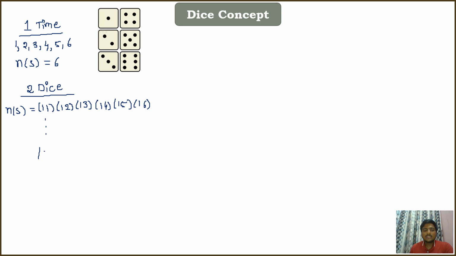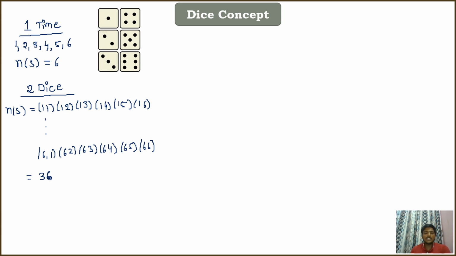Likewise, 6 on the first die, 1 on the second die; 6 and 2; 6 and 3; 6 and 4; 6 and 5; 6 and 6. So in total there are 36 chances. The sample space is 36.